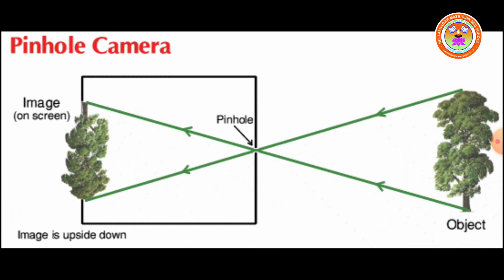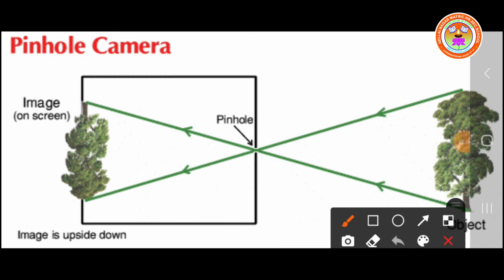Next one is the pinhole camera. A pinhole camera is a simple device which helps us to understand the rectilinear propagation of light. The above picture shows a model of a pinhole camera.